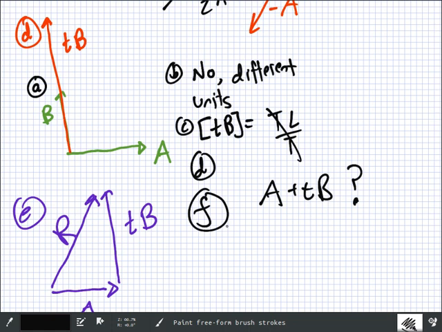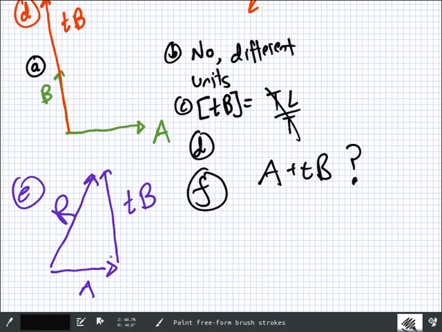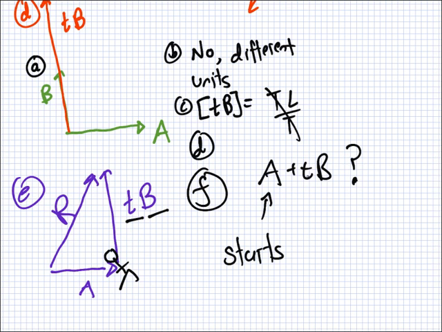So somebody starts at A and then they walk north for 2 hours at a velocity of B. So this represents somebody who starts at A, 5 kilometers to my east, and this is the velocity that they walk north, and this is for how long they walk north.